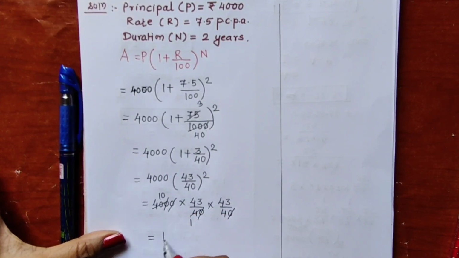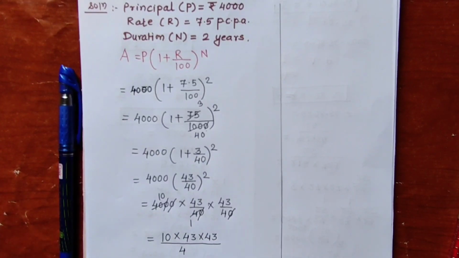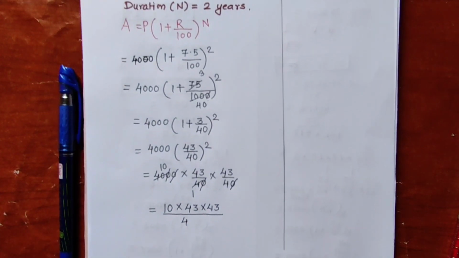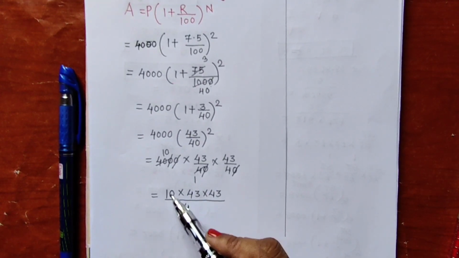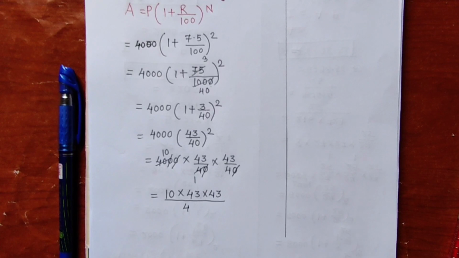Now let us write whatever is remaining. 10 as it is, 10 from this number 4000, 10 is remaining. 43 into 43 divide by 4. Now see children, if you want you can cancel this 10 by 4 first and then we will multiply. So it will be easy to cancel this 10 by 4 and then we will multiply.